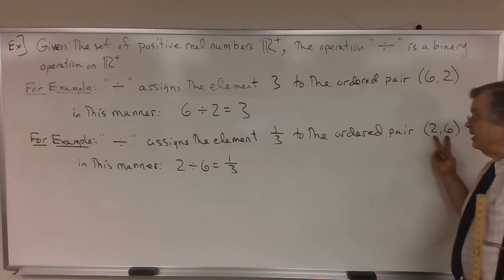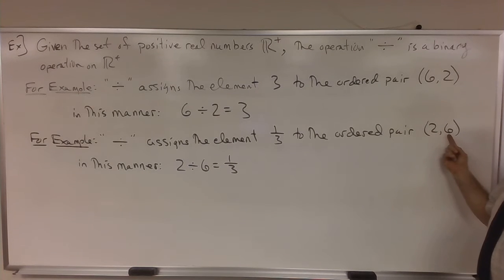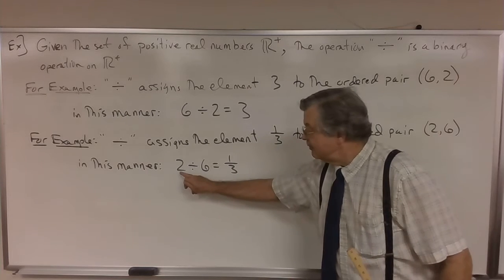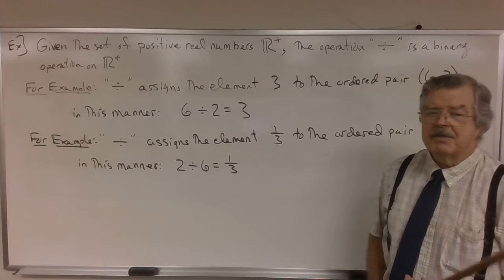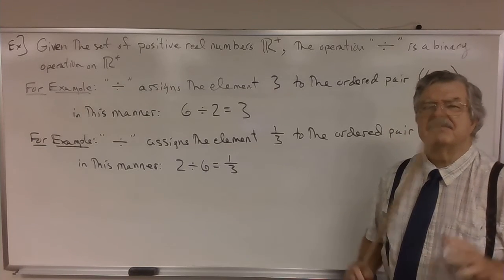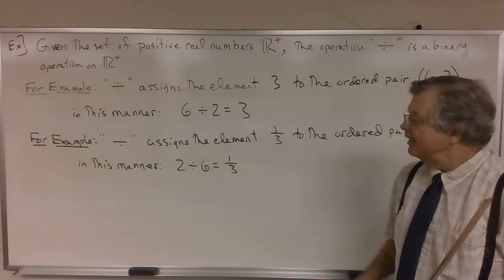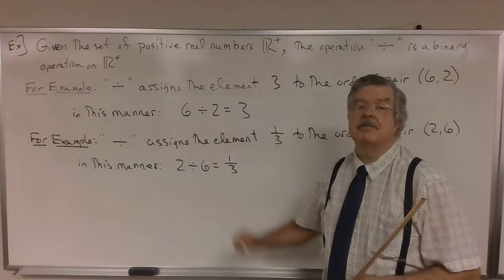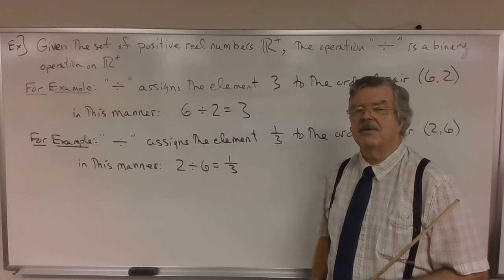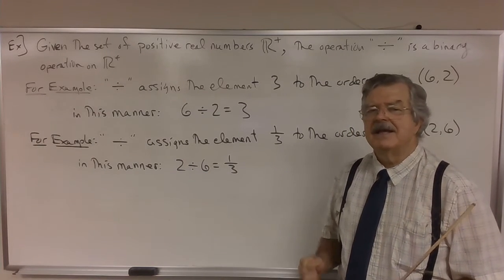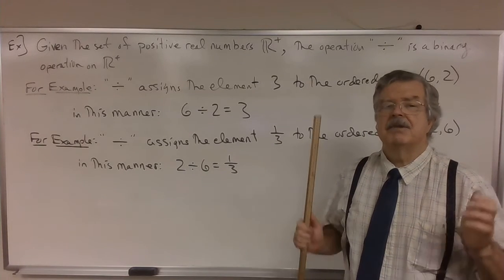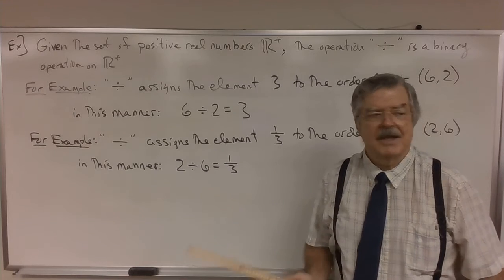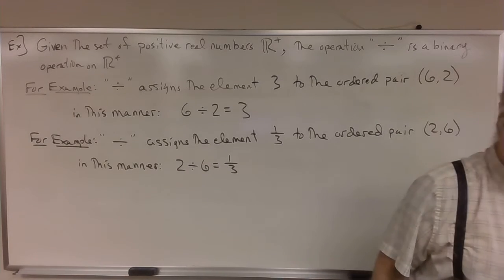Here 2 is the first element and 6 is the second element, and the ordered pair 2, 6 is assigned the element 1/3. So with a binary operation, in general, the order of the elements in the pair does matter. So we emphasize strongly it's an ordered pair, not just a pair, but an ordered pair. Now let's look at some more examples.